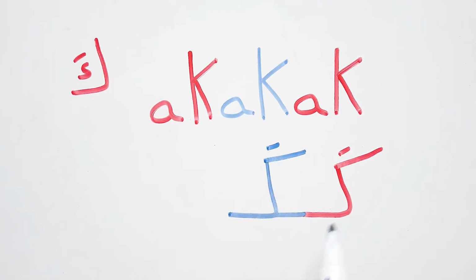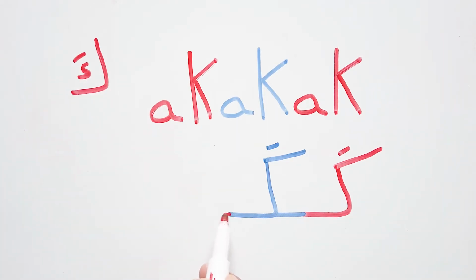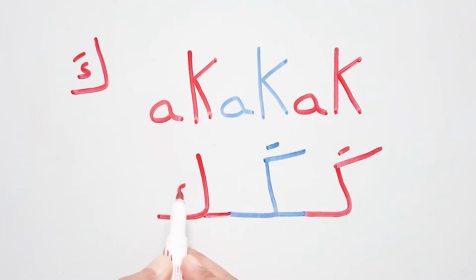K in the end of the word is easy. It is the same shape, just we will get one line here like this, and then we get this shape. K. Pause the video, check everything, write down everything, and come back. I'm waiting for you.